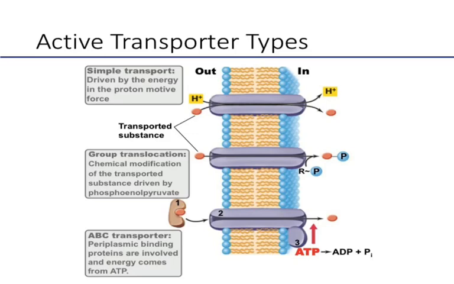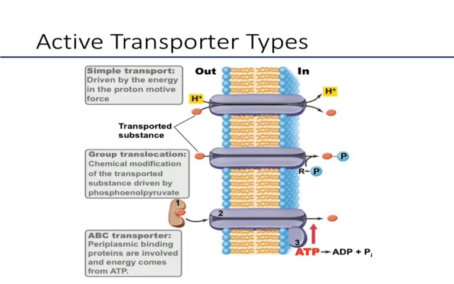Am I expecting you to know each of these examples? No. What I want you to be familiar with are general themes. One is that each of these represents a use of energy to allow a molecule to come in.